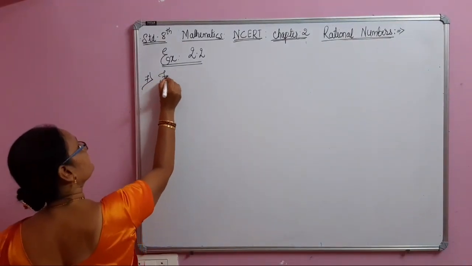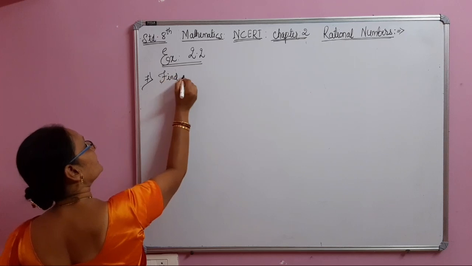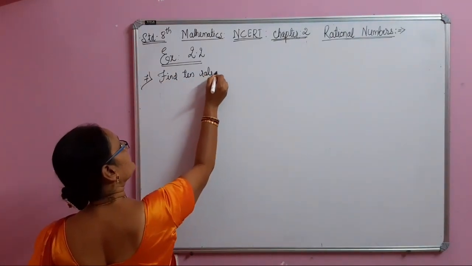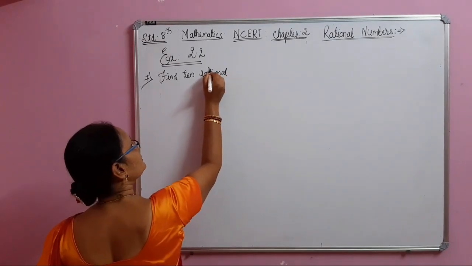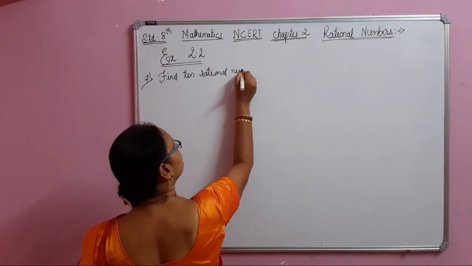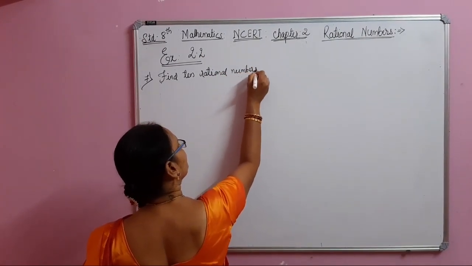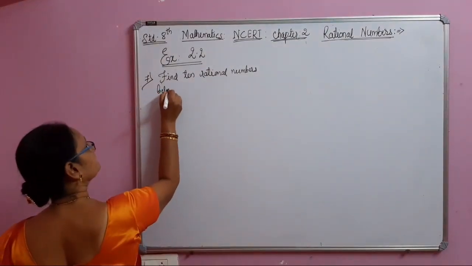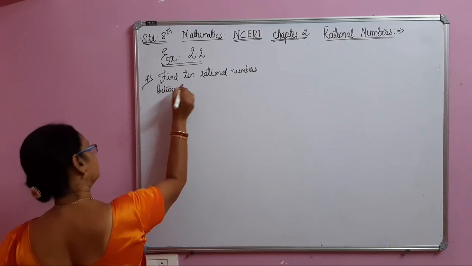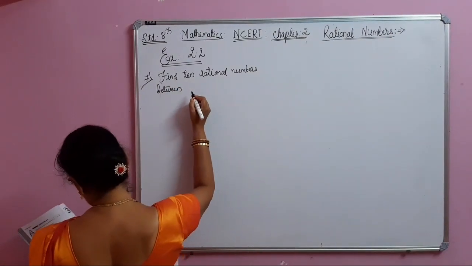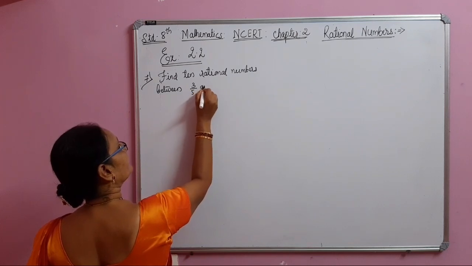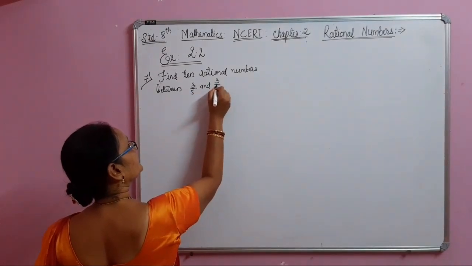See here, find 10 rational numbers between 3 by 5 and 3 by 4.